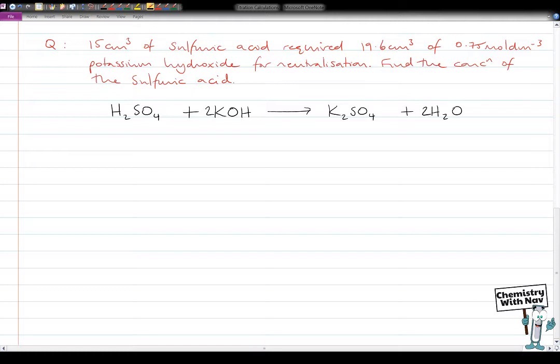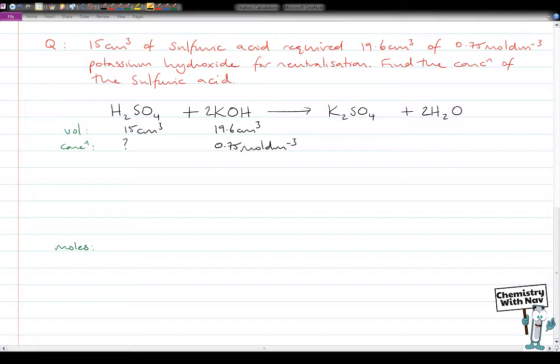Same sort of structure again, so I'm going to have volume, concentration, and I'm going to come down to moles. The question tells us that there is 15 cm cubed of the sulfuric acid, that there is 19.6 of the KOH, and that's at 0.75 mole dm^-3.